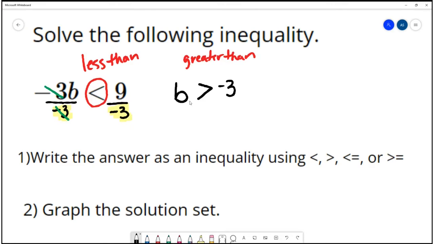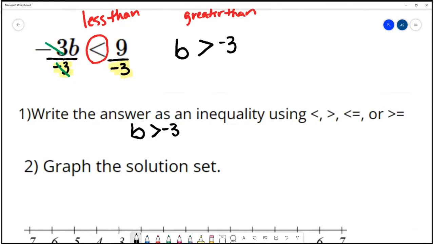So we have isolated the variable onto one side of the inequality, and that leaves us with the statement b is greater than negative 3. And this is the notation that we want to use for part 1. Our answer is b is greater than negative 3.